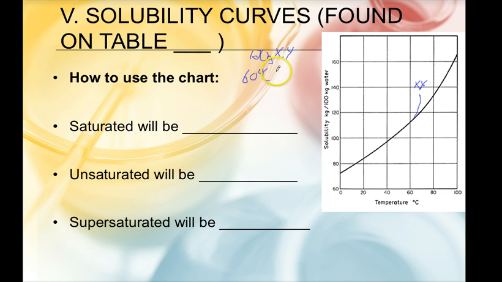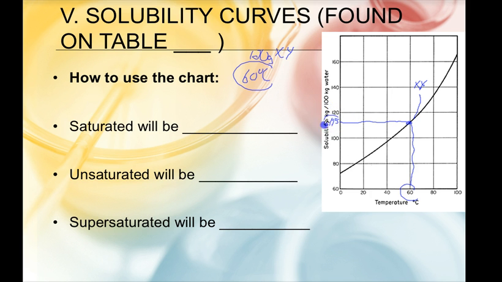And they would ask you, is that saturated, unsaturated, supersaturated? So what you do is you take a look at the temperature, which is here, follow it up, and here, see, this is where the line crosses. And if you move over to the left, carefully, that number here, this is how much would dissolve in it. Let's say that would be 115 grams, or in this case it's kilograms, but we'll say grams.